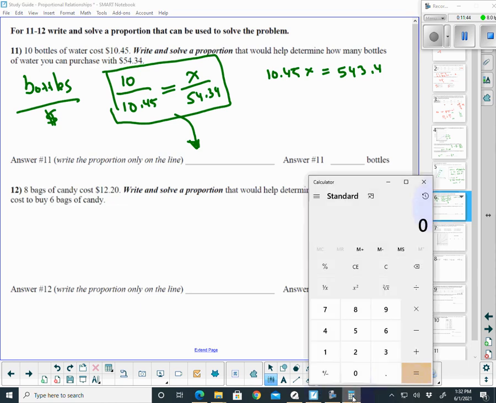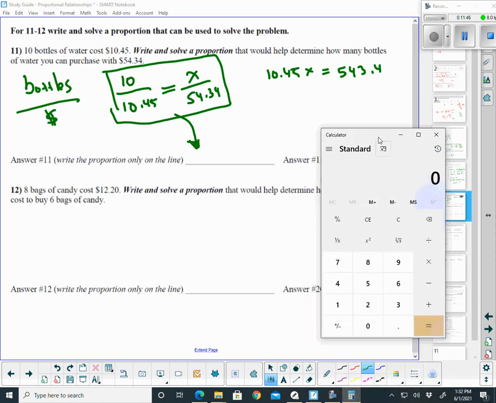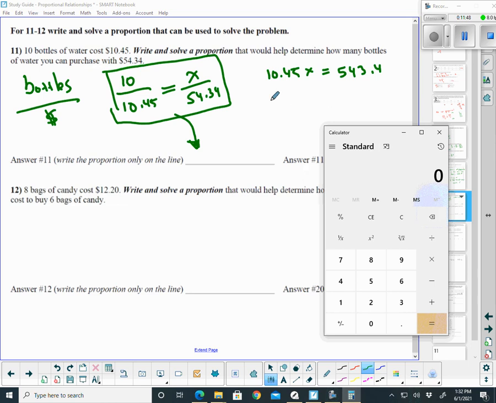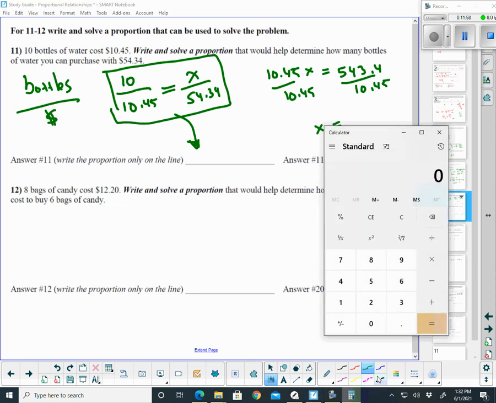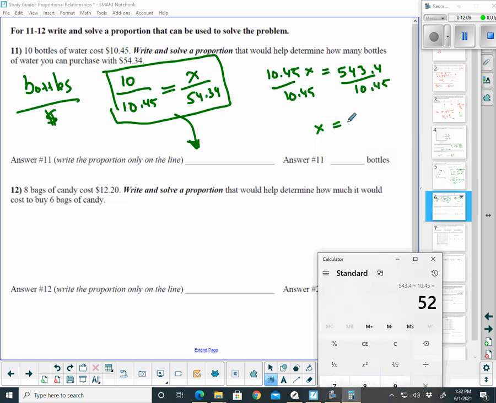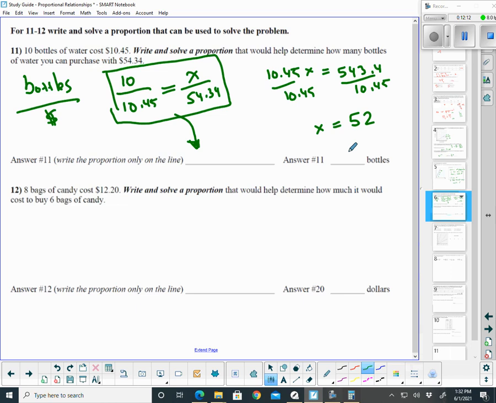Now, if I take my calculator and I divide both sides by 10.45, I would get x is equal to 543.4 divided by 10.45, x equals 52, which means you would be able to get 52 bottles for $54.34.